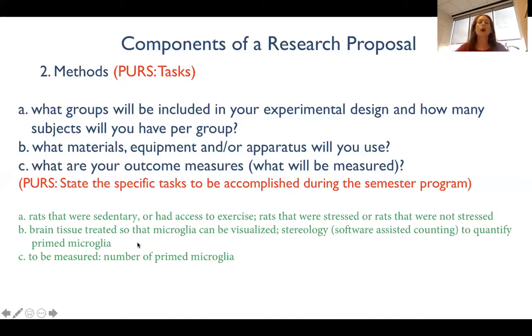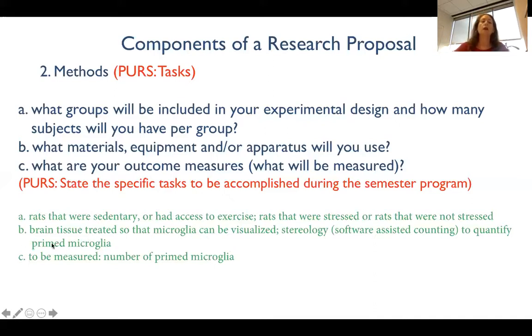So he has a situation in which he's already got brain tissue, and now it has to be treated so that the microglia can be visualized. And once we can visualize them, we can use computer-assisted or software-assisted methods to count the number of microglia in the brain tissue sections that he processes.